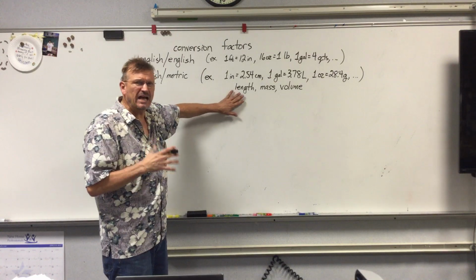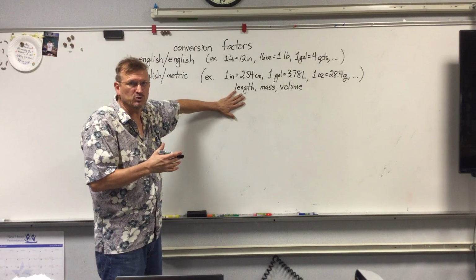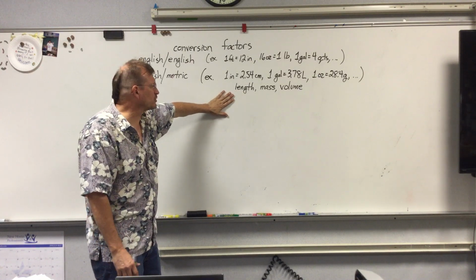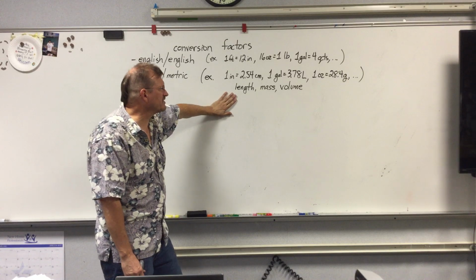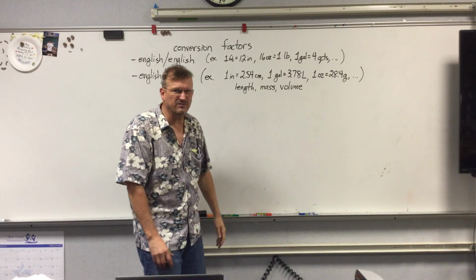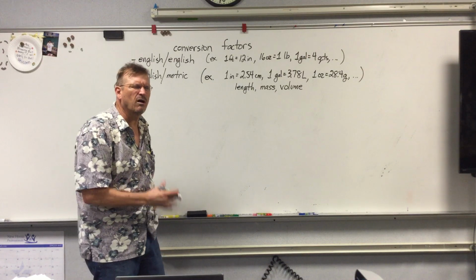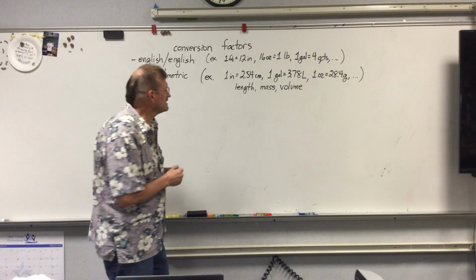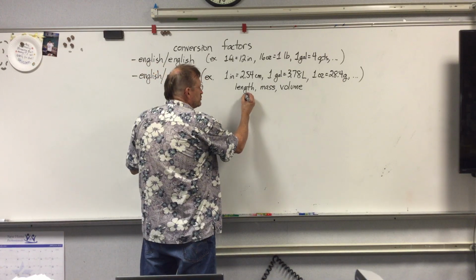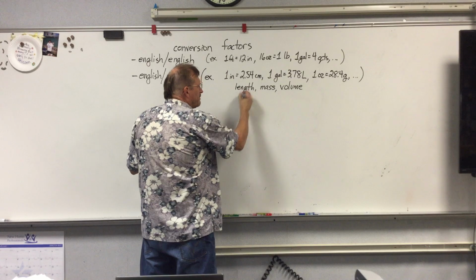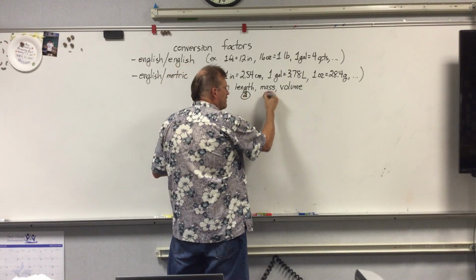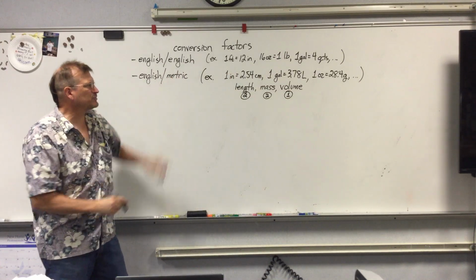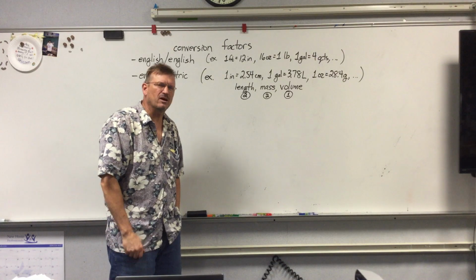Now, on the class web page, that website that I told you about, the Northgate Physics site, if you go to the conversion worksheets, one of the documents in there is a list of conversion factors. There is way more on there than you need, but I would like you to look at some of them, because my suggestion is that you choose a couple length ones, a couple mass ones, and one volume one that are English to metric conversion factors to be comfortable with.